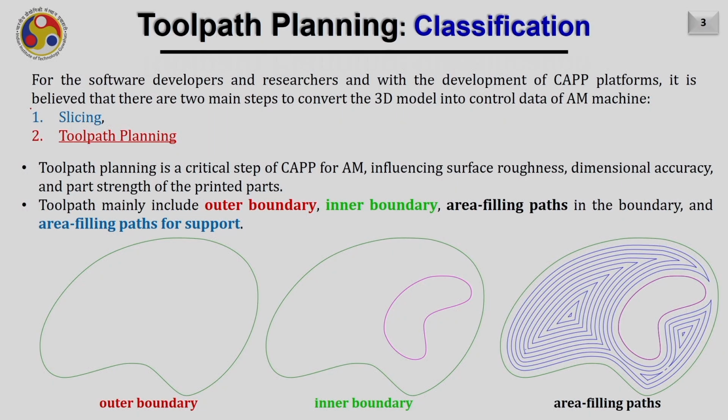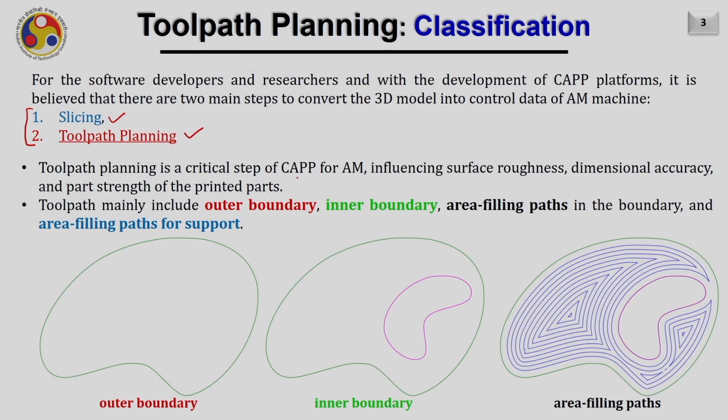To convert the 3D CAD data into G codes compatible with the additive manufacturing machine, we need to perform slicing, which we have already discussed in our last lecture, and toolpath planning. Toolpath planning is basically a critical step of computer aided process planning for additive manufacturing. It influences surface roughness, dimensional accuracy and part strength after completion.